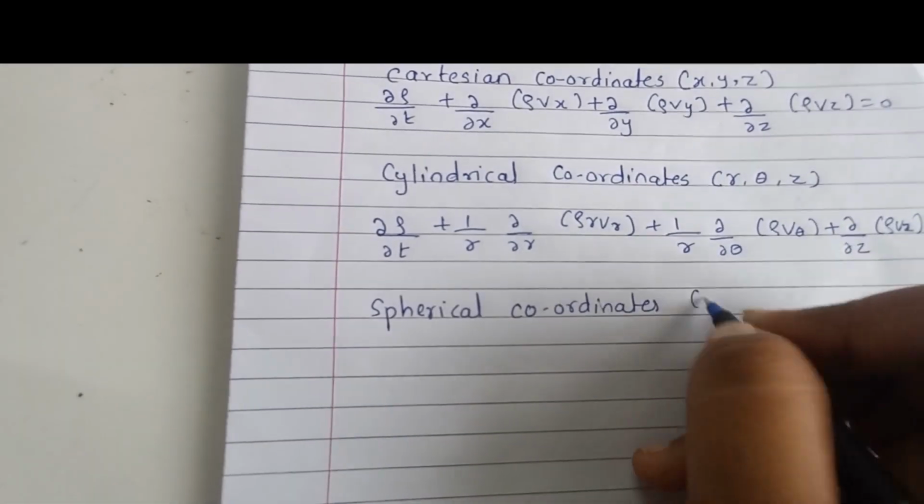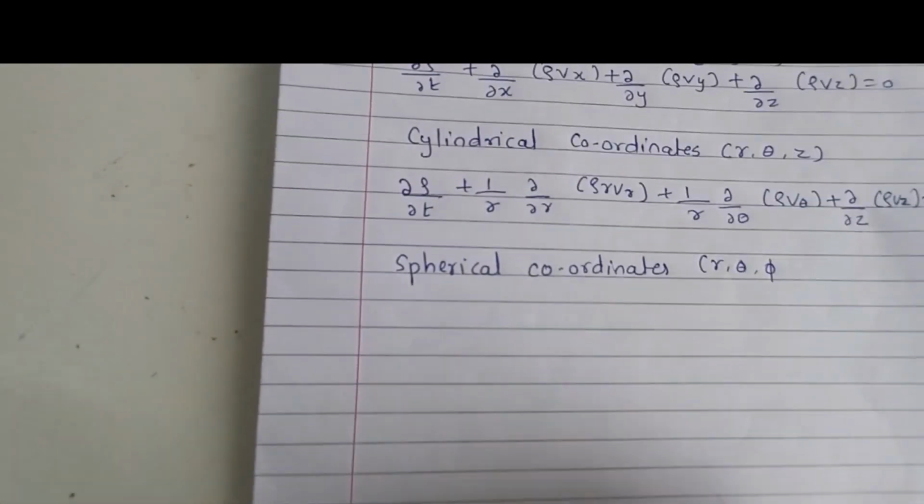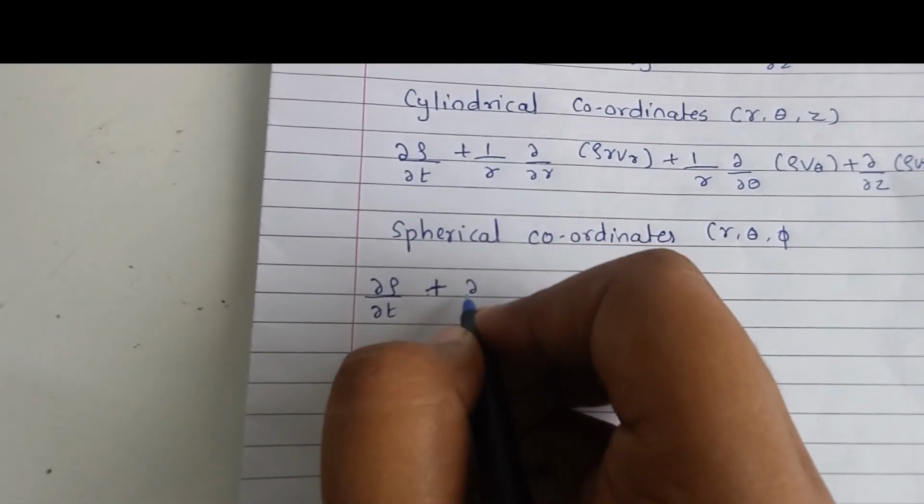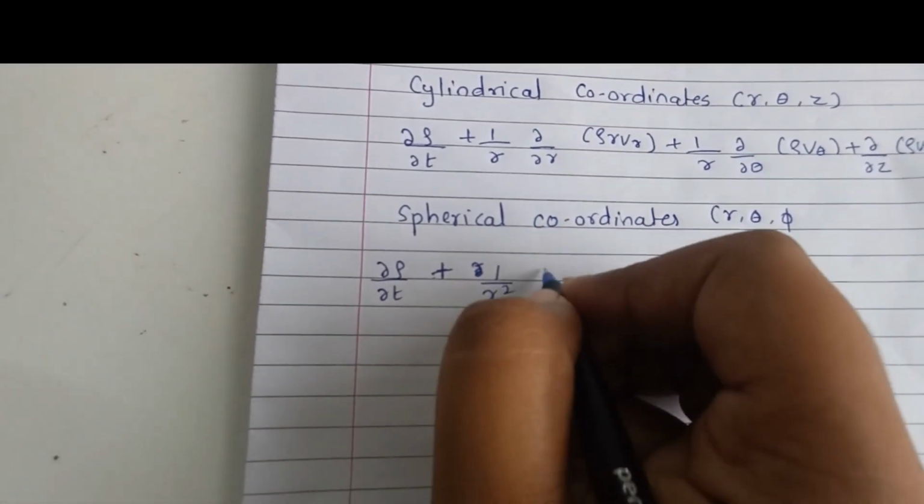For spherical coordinates, that is r, theta and phi, in place of x, y, z we consider r, theta and phi.